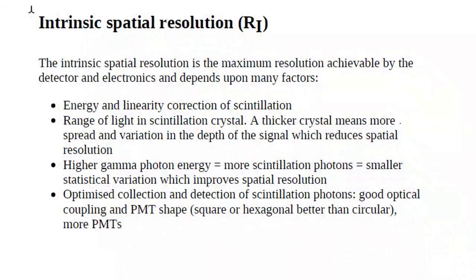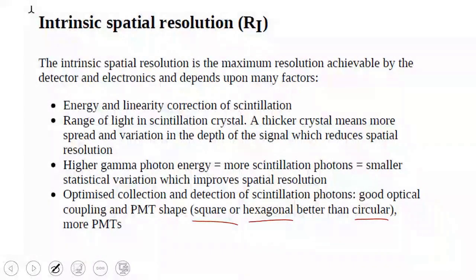It was mentioned that if you are dealing with the photomultiplier tube, the number and shape of photomultiplier tubes vary. There are types that are circular, hexagonal, and square. The square and hexagonal shapes are better because they provide a larger area than the circular shape, thus covering a larger area on the crystal.